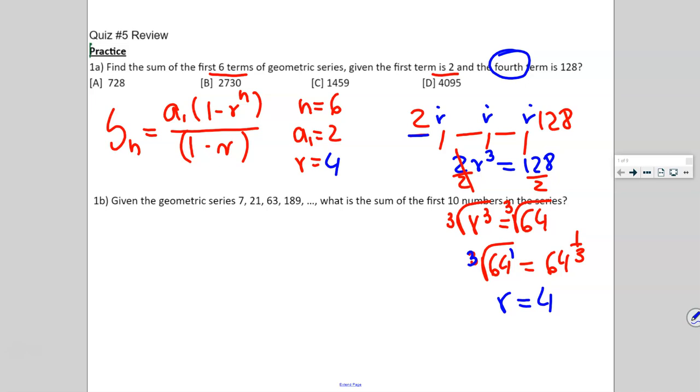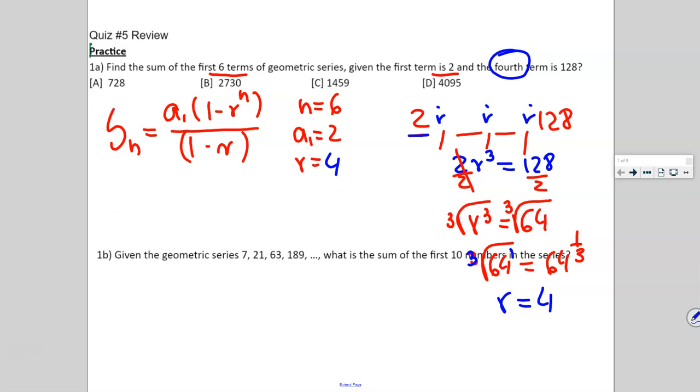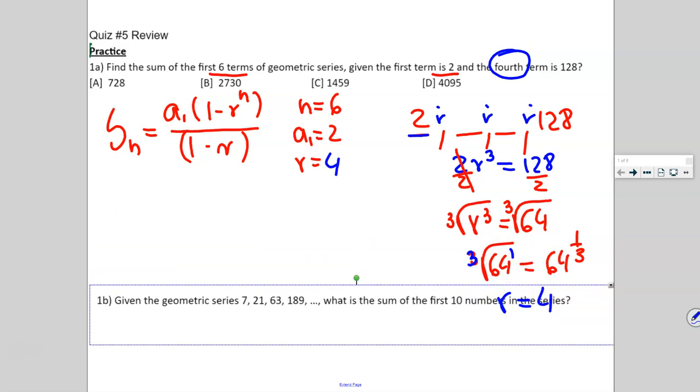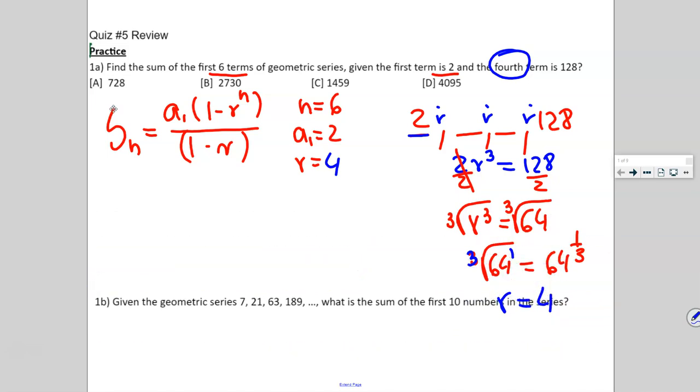So now we have all the values possible. Now we are able to plug it into our sum.